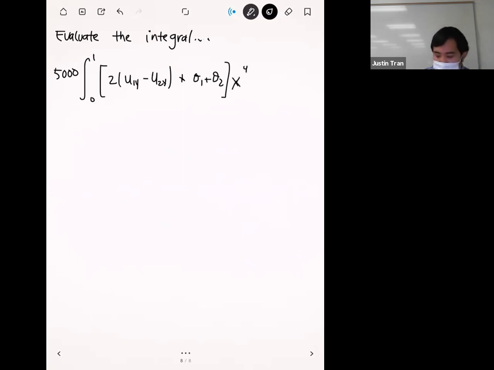Previously, we had x cubed on this term, but because our p of x was 5,000x, I took that x and distributed it throughout the entire polynomial. So now this term is x to the 4th.